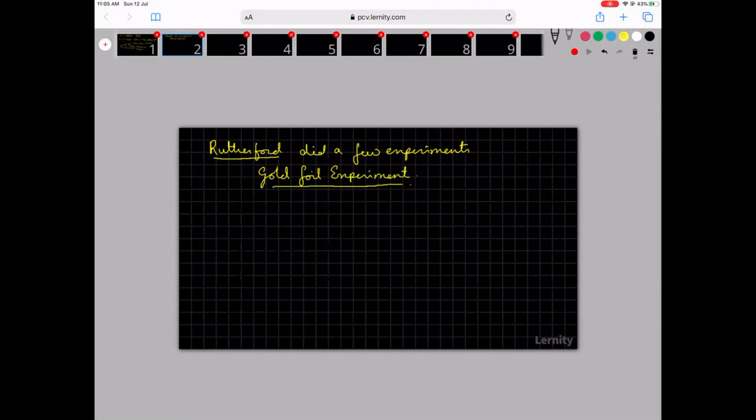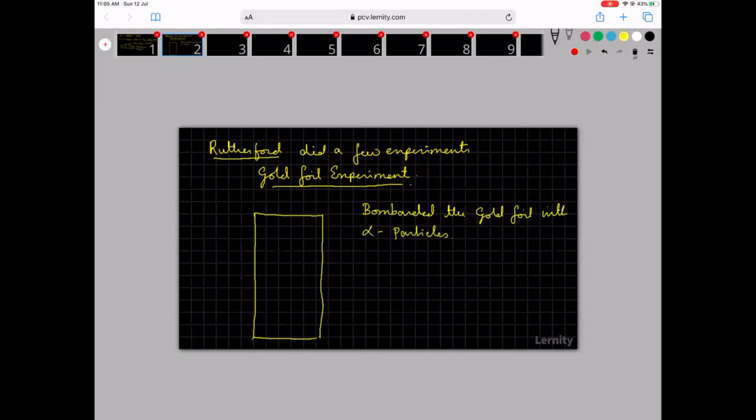What Rutherford did is he took a gold foil and bombarded it with alpha particles. Now, what are alpha particles? Alpha particles are nothing but helium nuclei. These are particles which came from radioactive material.